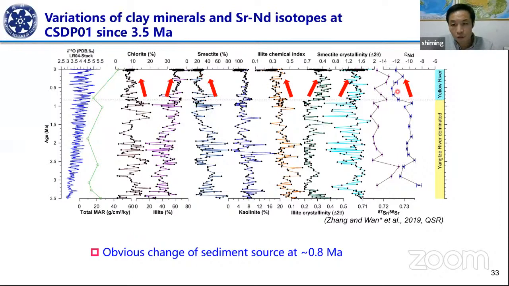The neodymium isotope also became much more negative since around the same time, 0.8 million years. And strontium isotopes show the reverse pattern to the neodymium isotopes. So all these clay minerals and isotopes suggest an obvious change of sediment source for the study site since around 0.8 million years.